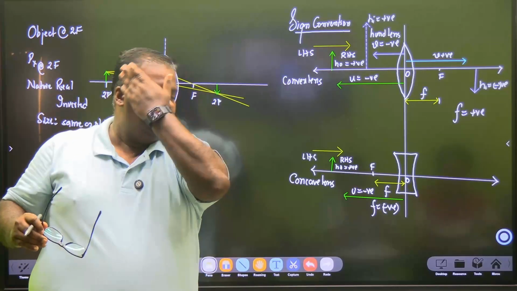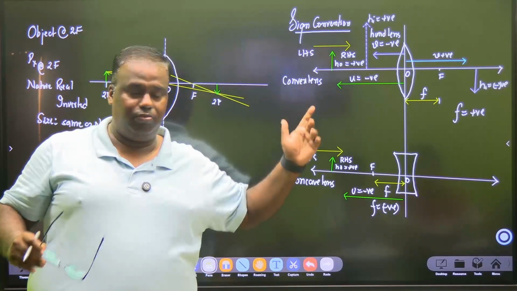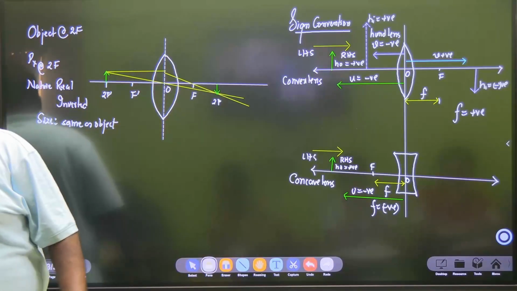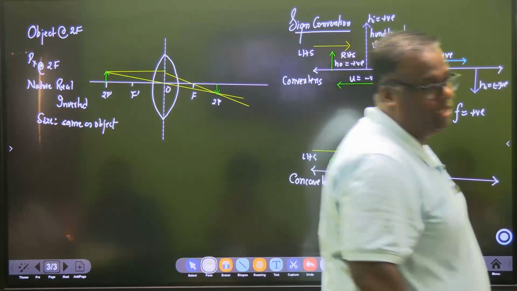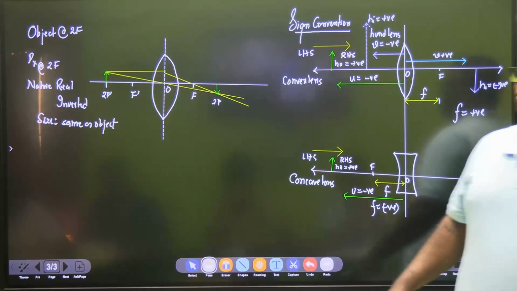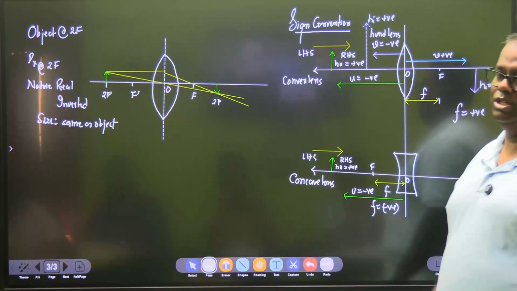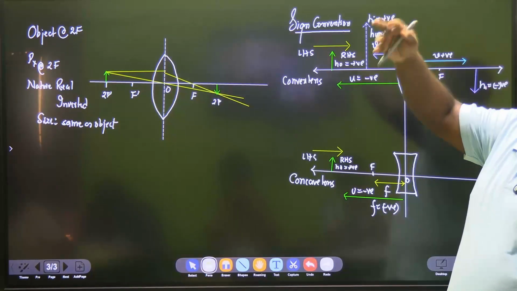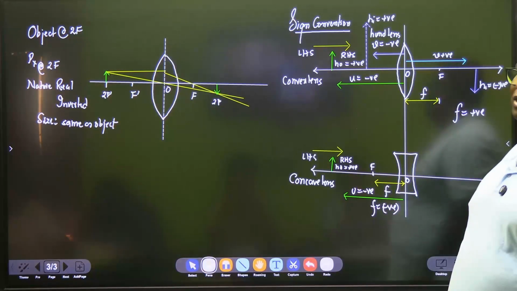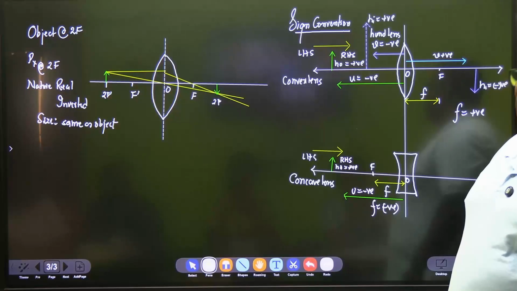Got it? Now, concave lens, though we have not discussed any case: in concave, all images are erect. So in concave, every time HI will be positive. You all are wearing concave lenses. Do you see anybody upside down, irrespective of whatever distance they are? No. So always apply common sense.